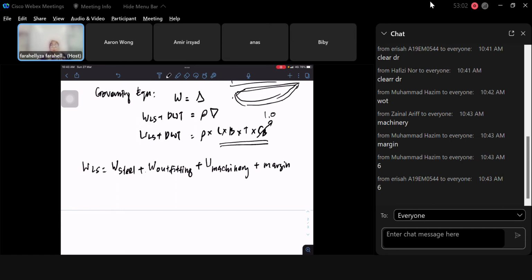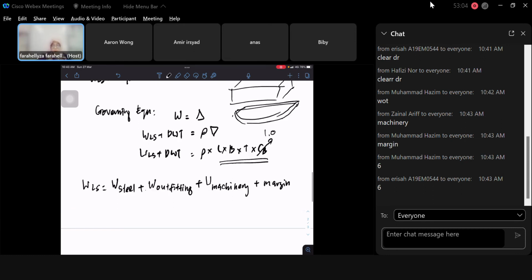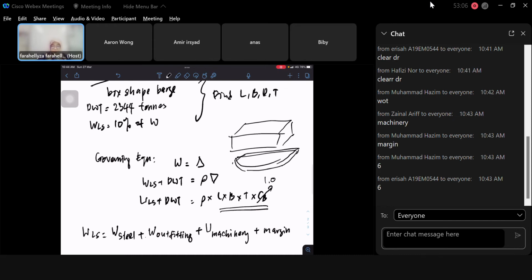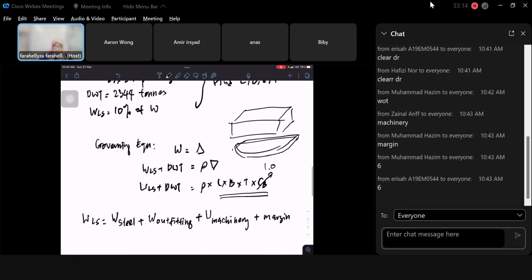Now, when we talk about 10% of W just now, which is the correlation that we can apply. But in your case later on, when you find the main dimension, you cannot apply 10% of weight, yeah. So you have to find out the W steel, you have to find out the W outfitting, you have to find out the W of machinery.